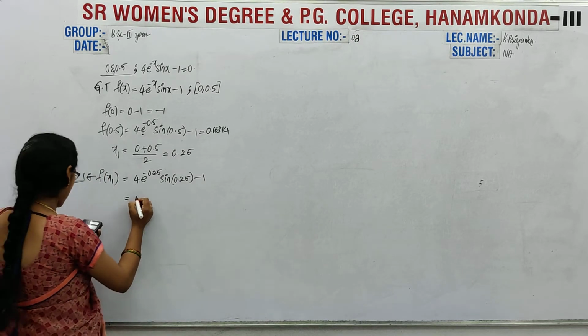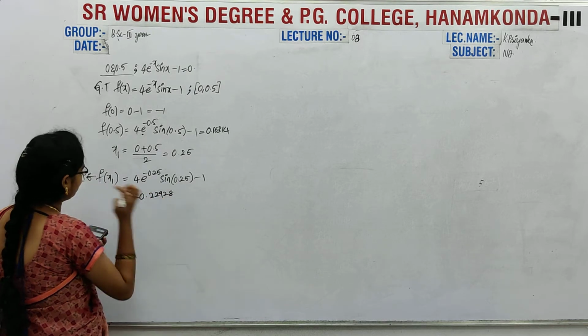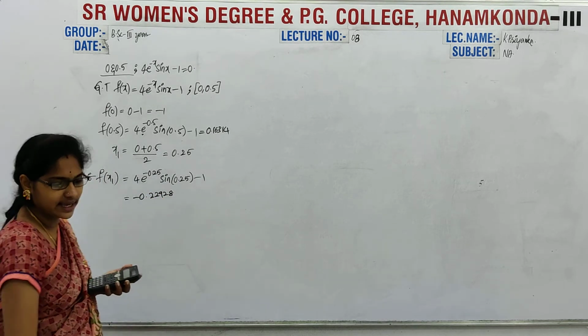So it is nothing but minus 0.22928. It is a negative number.